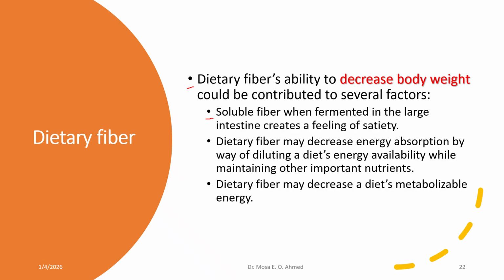The second mechanism is that dietary fiber may decrease energy absorption by reducing diet energy availability while maintaining other important nutrients. And the third mechanism is that they may decrease the diet metabolizable energy. Through these three mechanisms, they can contribute to reduction of body weight.